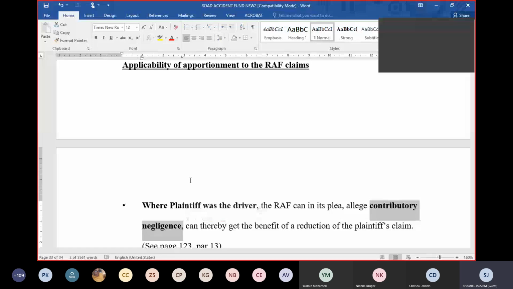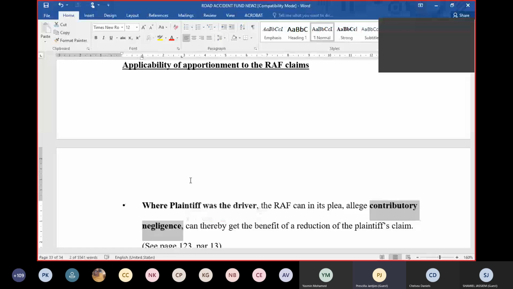Sorry to interrupt you, sir. I was cut off due to poor network quality. Can you just explain to me from where the RAF must plead contributory negligence? Are you referring to the example? No. I was still with you when we said RAF must file a plea, and in the plea they must plead contributory negligence.